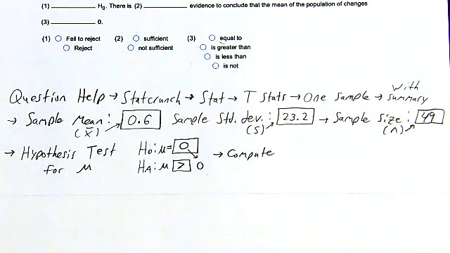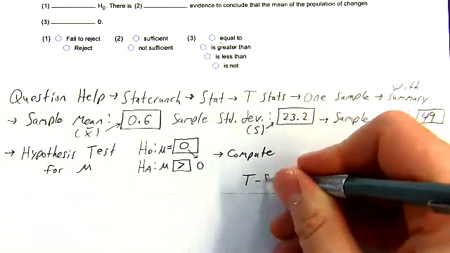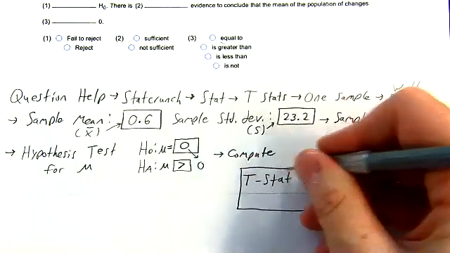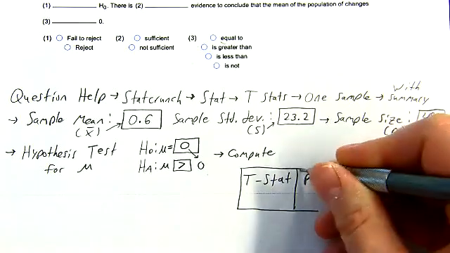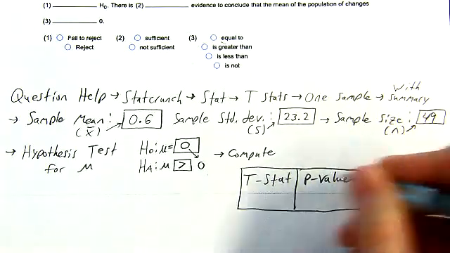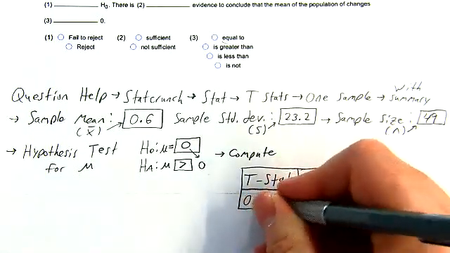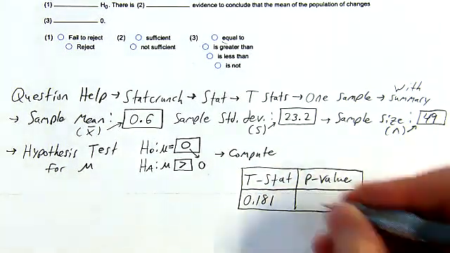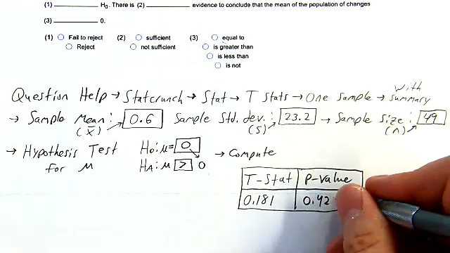So the two numbers we need, it'll give you more than you need, but it'll give you a table where it says t-stat. And somewhere else in the table, it will say p-value. Those are the two things we need. And for my numbers, we would get 0.181 and 0.4286.